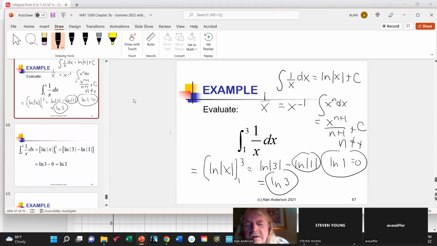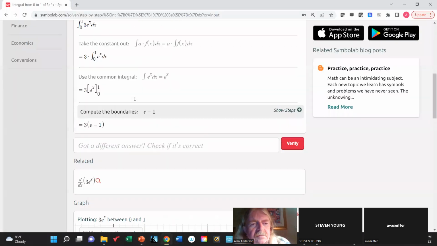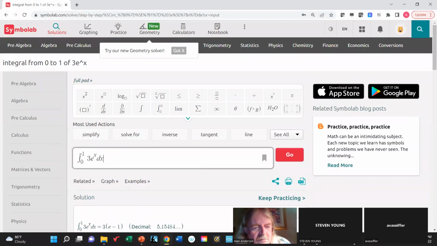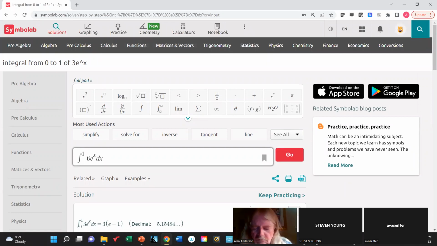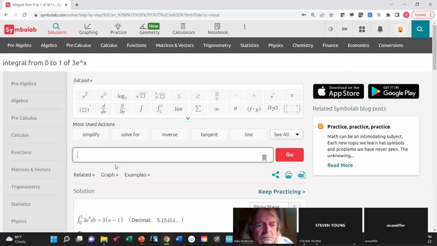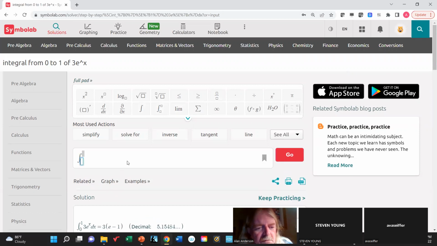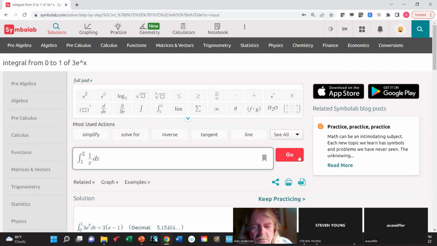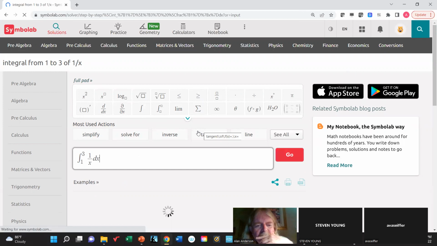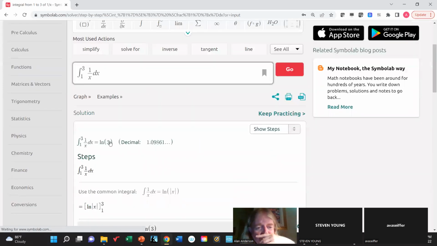Let's do it on Symbolab. 1 over x from 1 to 3. So it is log 3.